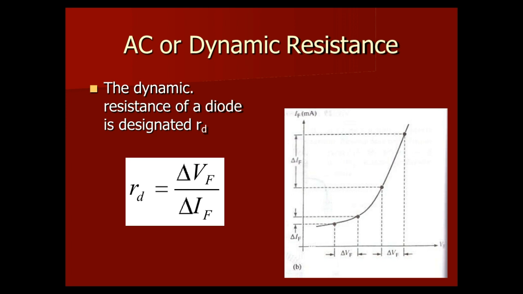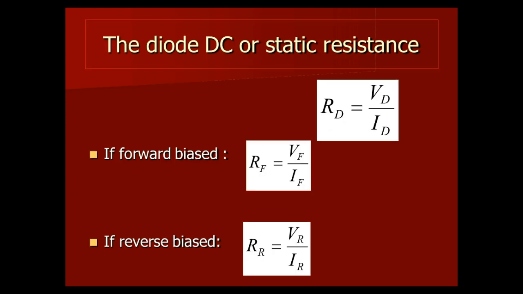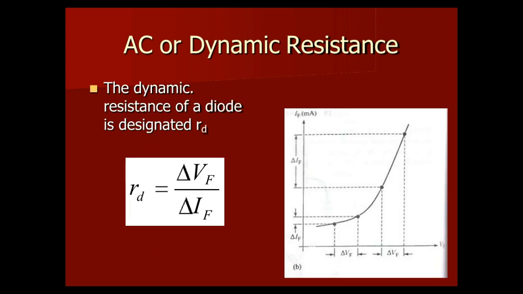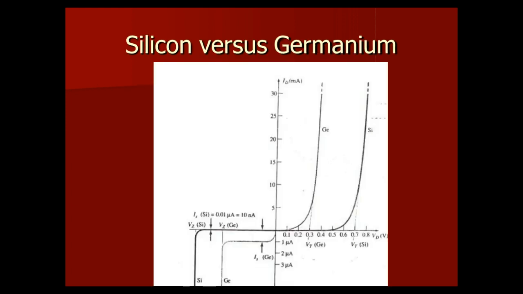That is marked as del VF. For the same thing, the del IF is also getting increased. You have to note, for a particular del VF, the del IF is very small. For another del VF, the del IF is very high. That's why it is termed dynamic, the changing one. It will change from one point to another point. So the DC or static resistance will be a constant, but this dynamic resistance won't be a constant, and this is the formula for computing the dynamic resistance.